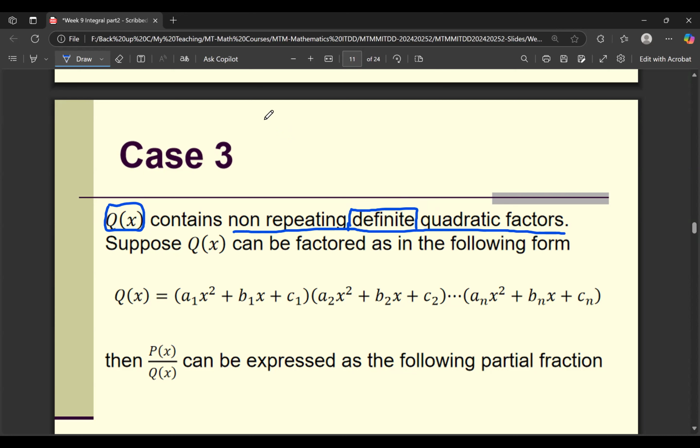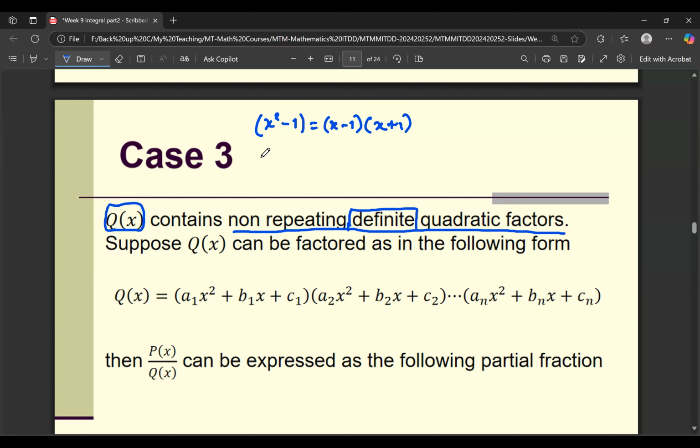For example, x squared minus 1. This factor can be divided into linear factors: x minus 1 and x plus 1.